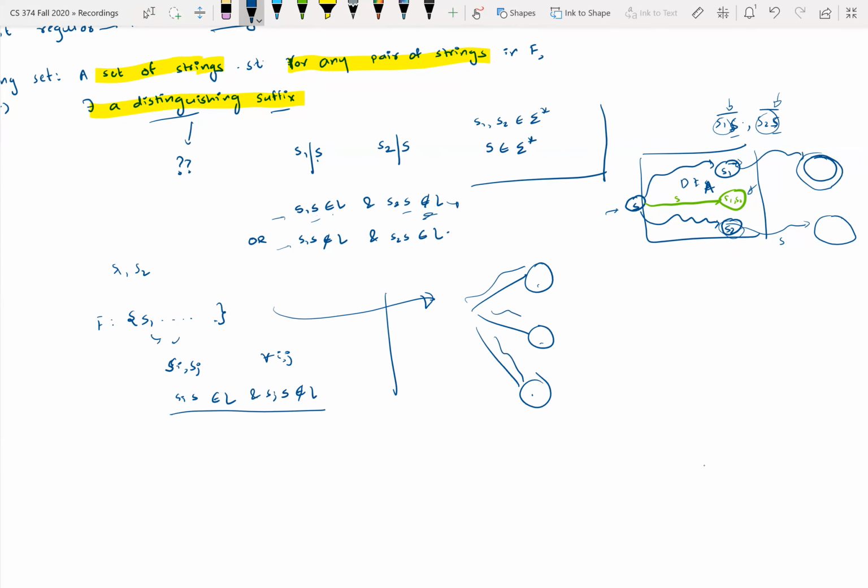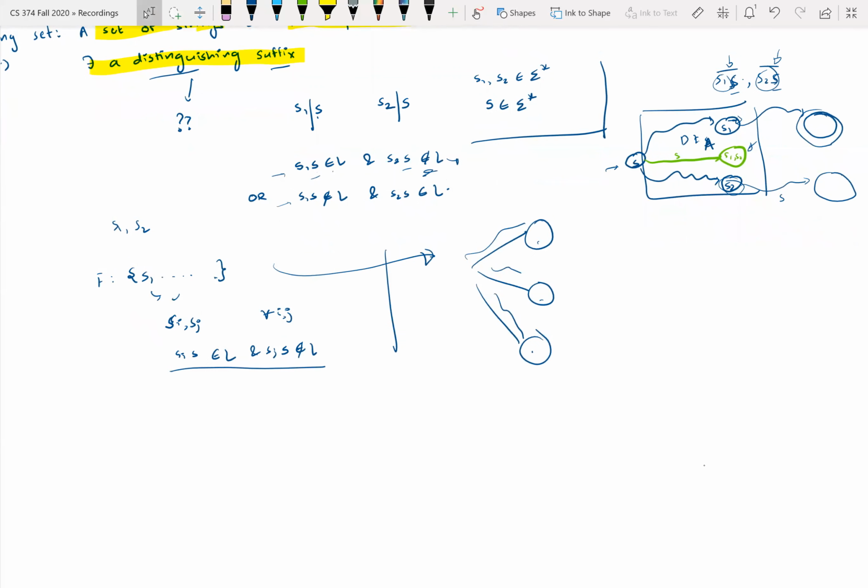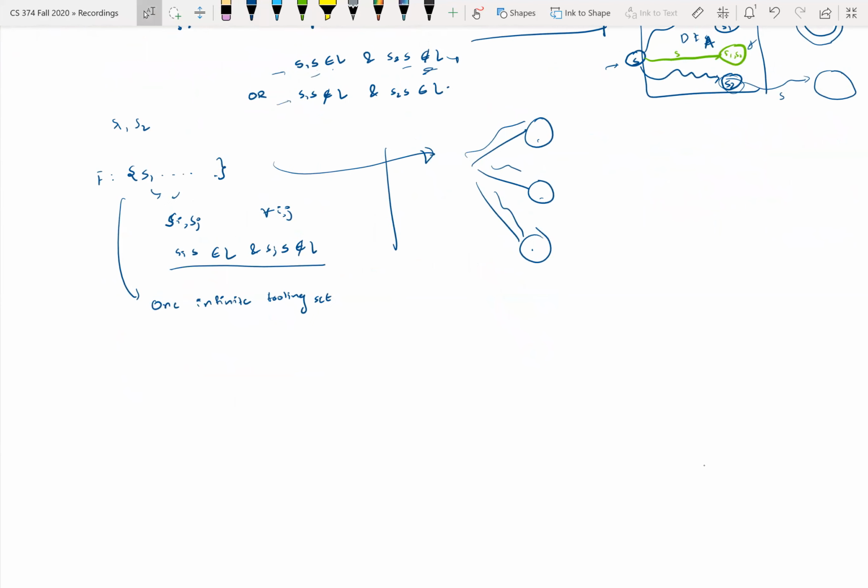What this further means is, if I can show one infinite fooling set, just one, for a language, that means that any DFA has to have infinitely many states, which is of course not possible because it's a finite automaton.